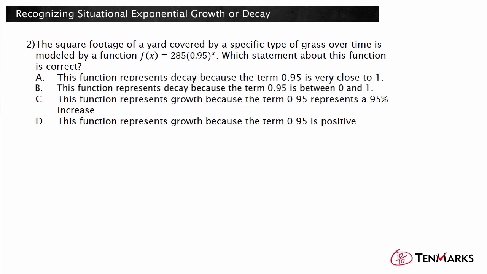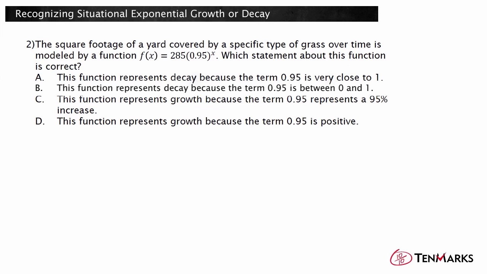B. This function represents decay because the term 0.95 is between 0 and 1. C. This function represents growth because the term 0.95 represents a 95% increase. Or D. This function represents growth because the term 0.95 is positive.